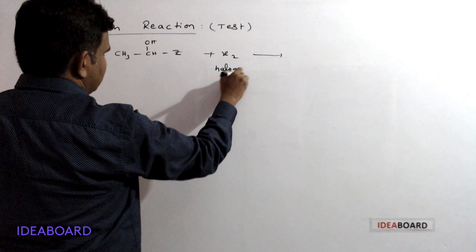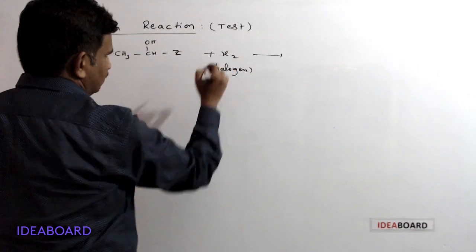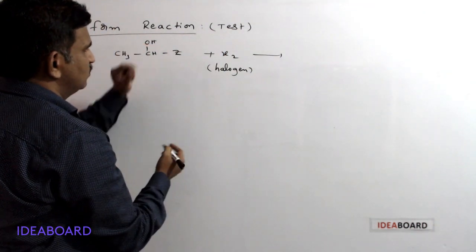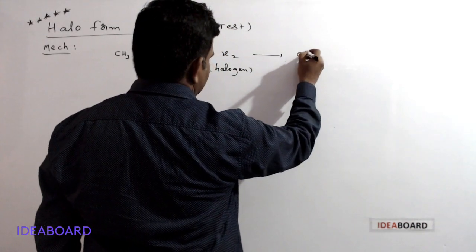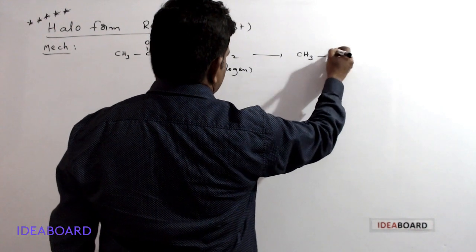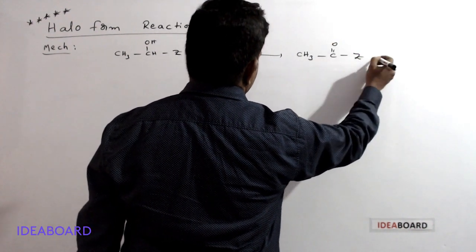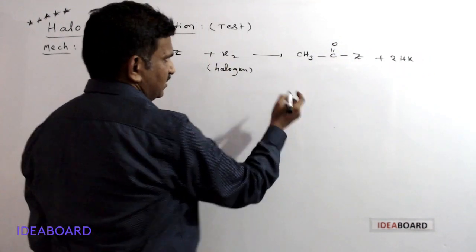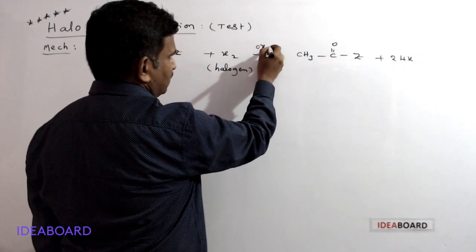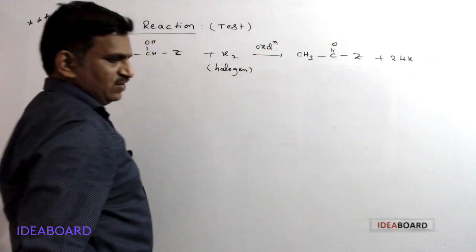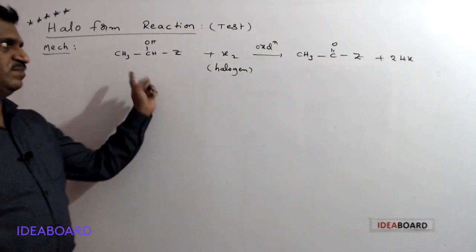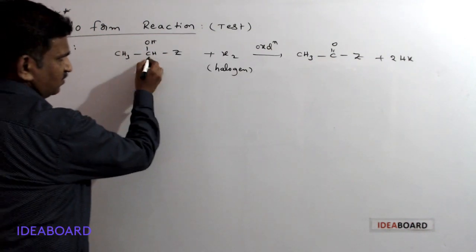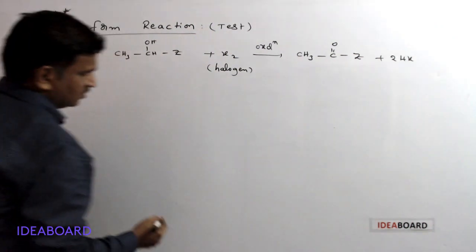Please remember, we are taking a halogen. Then this halogen removes the two hydrogen atoms and we get CH3 C double bond O Z plus 2HX. This complete reaction is called oxidation, as I gave in the preparation method from bleaching powder, the same reaction, oxidation occurred. So the methyl carbinol system is converted to a methyl keto system.